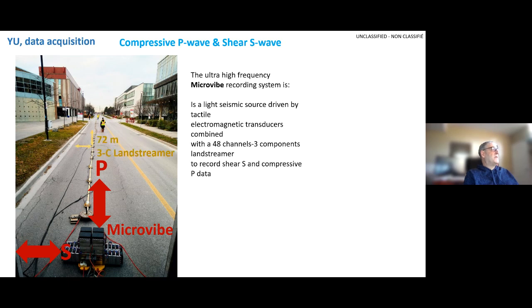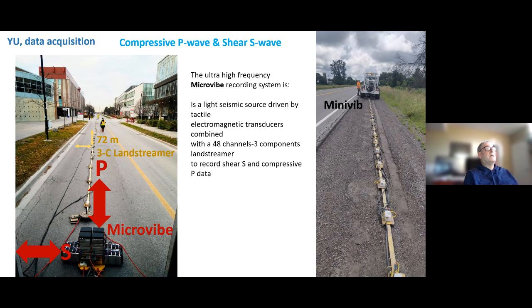Next, you see the land streamer, which is 72 meters long, for recording various directions of waves that will be analyzed. And then we see here the new reshaped mini vibe that also has a very good result for faster acquisition if we want to do some more regional acquisition.